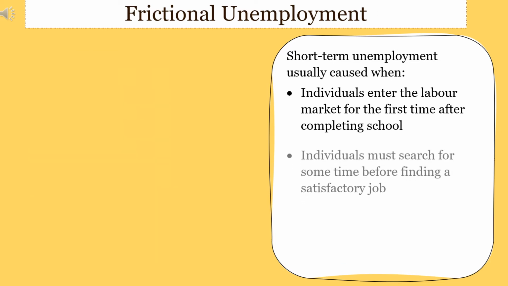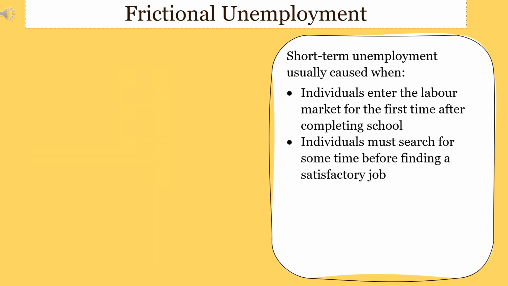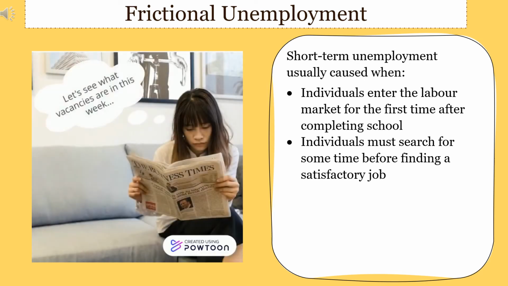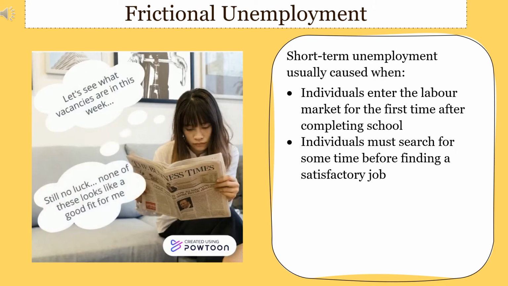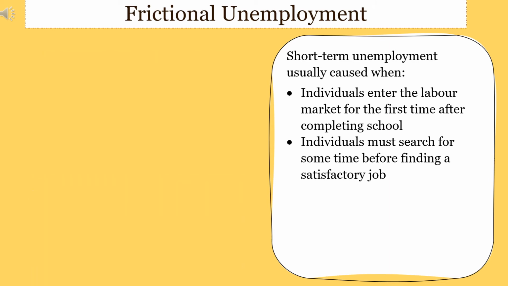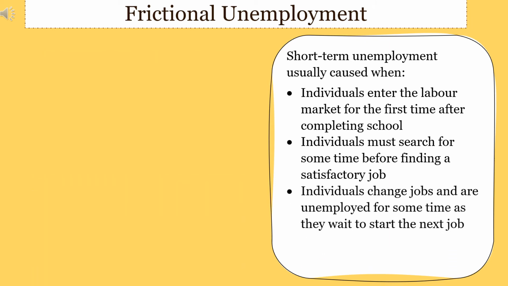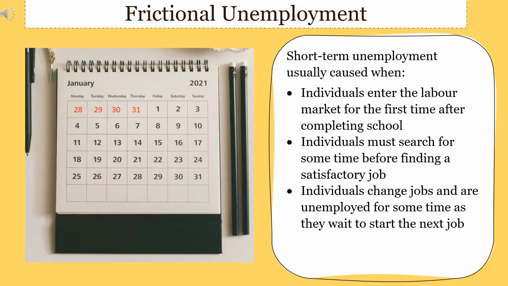It can also be caused when individuals need to search for some time before finding a satisfactory job. Another way that frictional unemployment can occur is when individuals change jobs and are unemployed for some time as they wait to start the next job.